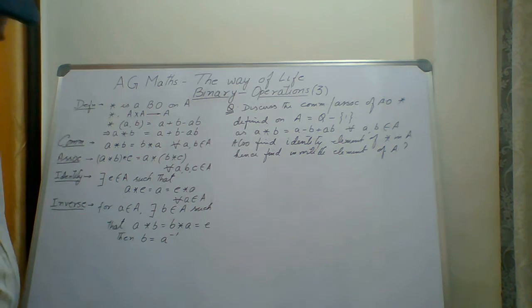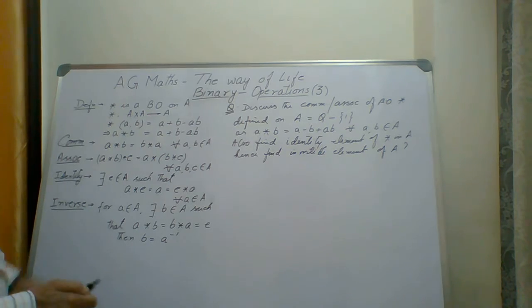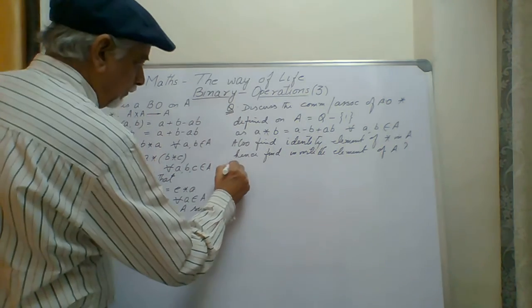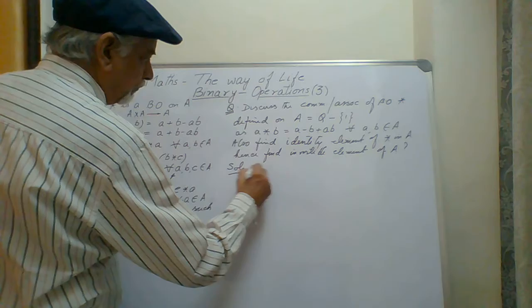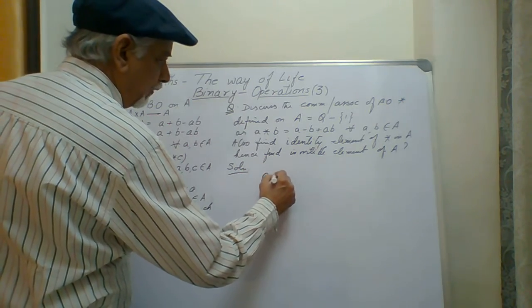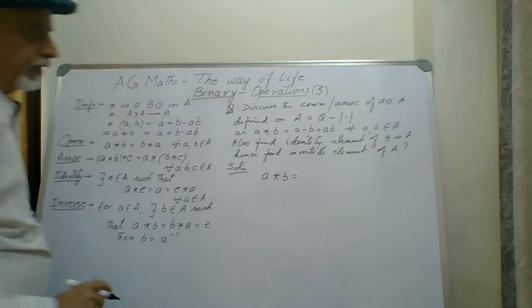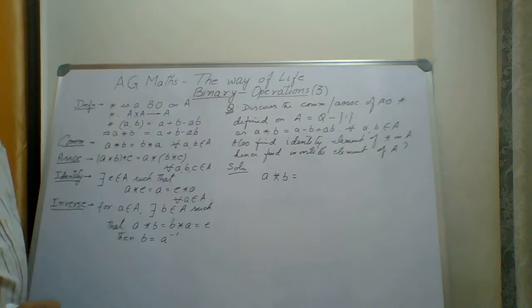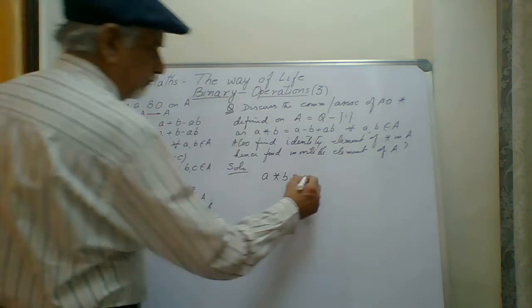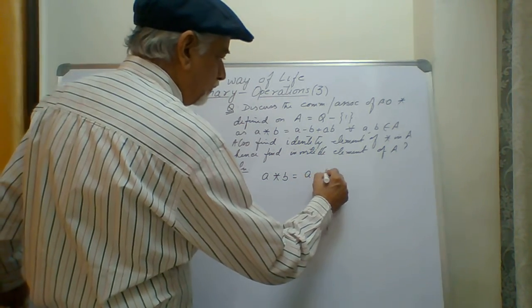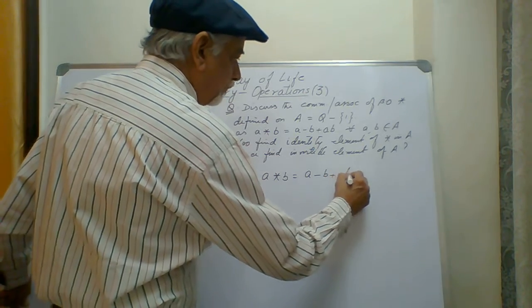So for commutativity, what we do? The solution is, first write A binary B. A binary B is what? A minus B plus AB. That is what is given.